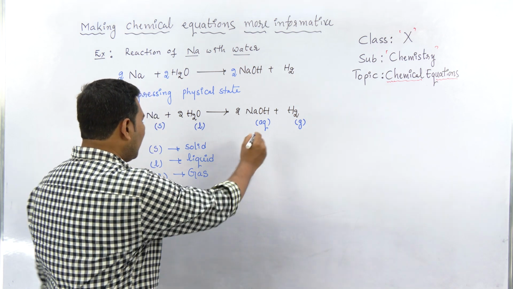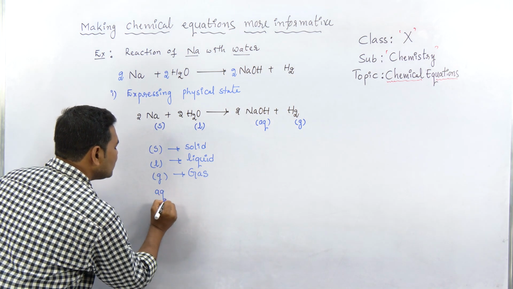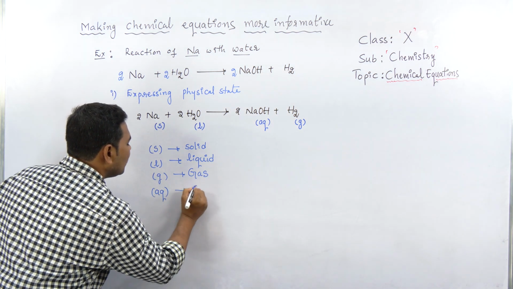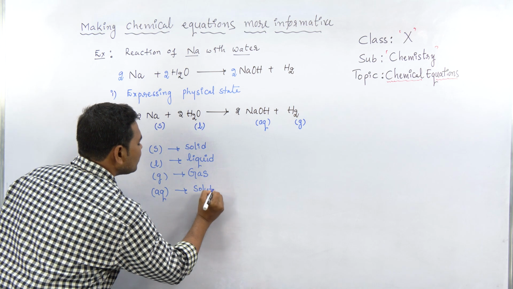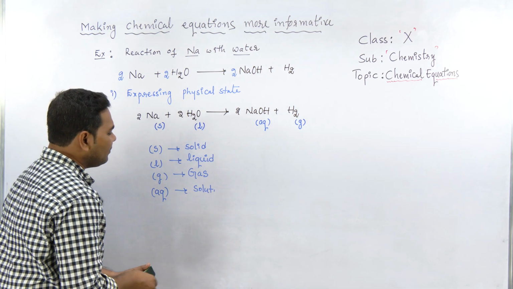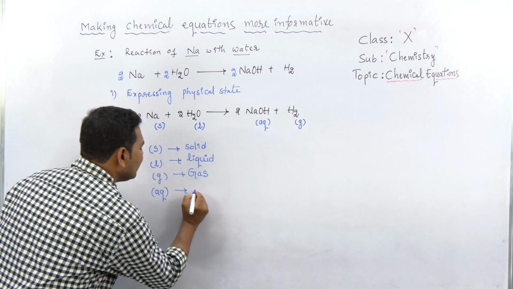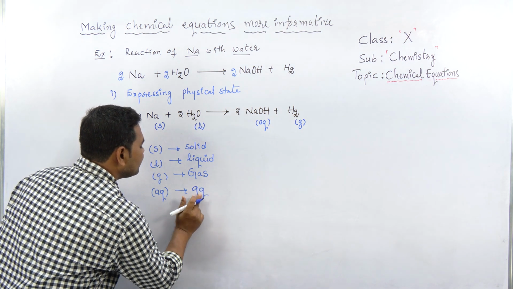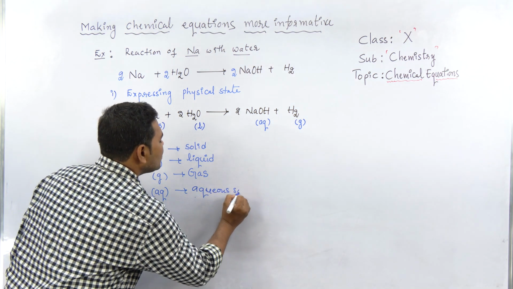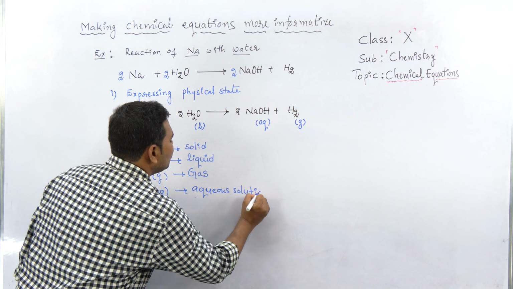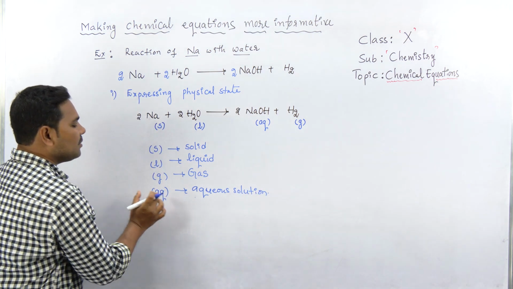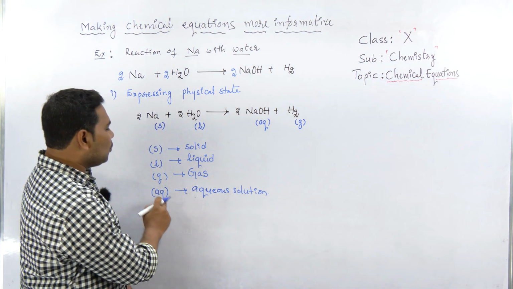But how about this aq? aq is a solution, or more clearly, we can write aq representing aqueous solution, and this aqueous solution is represented by writing aq in the bracket.